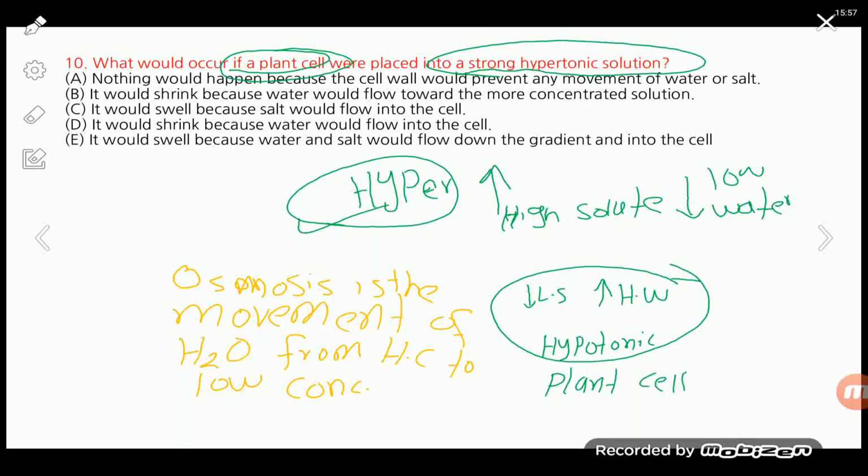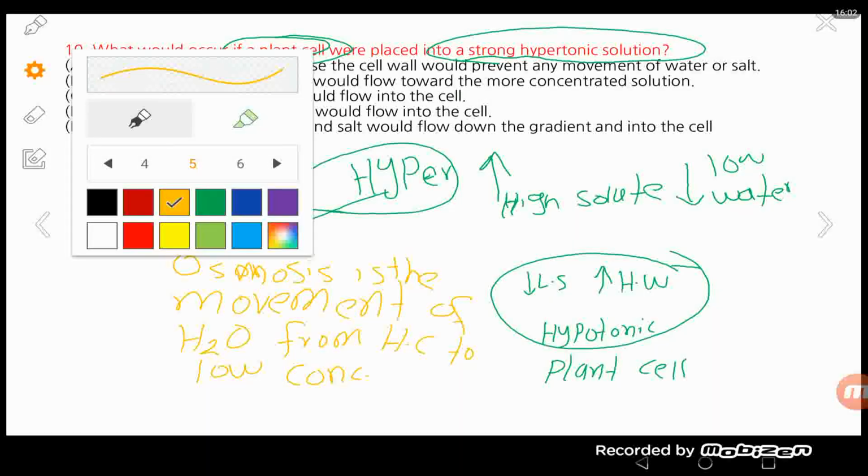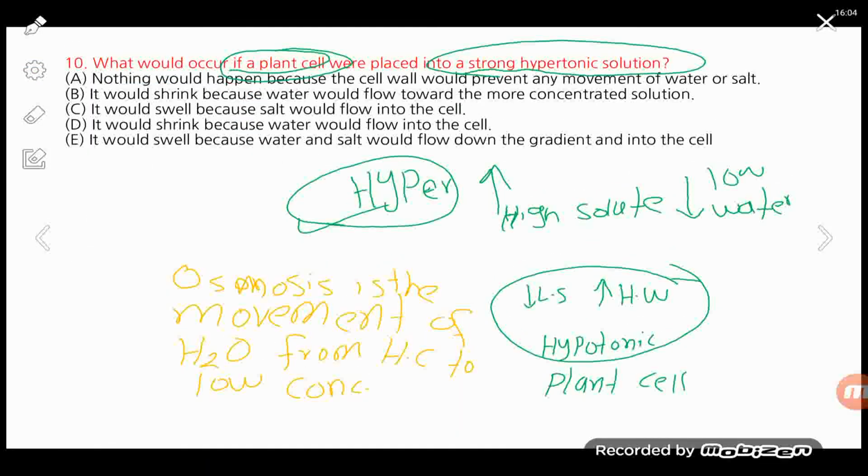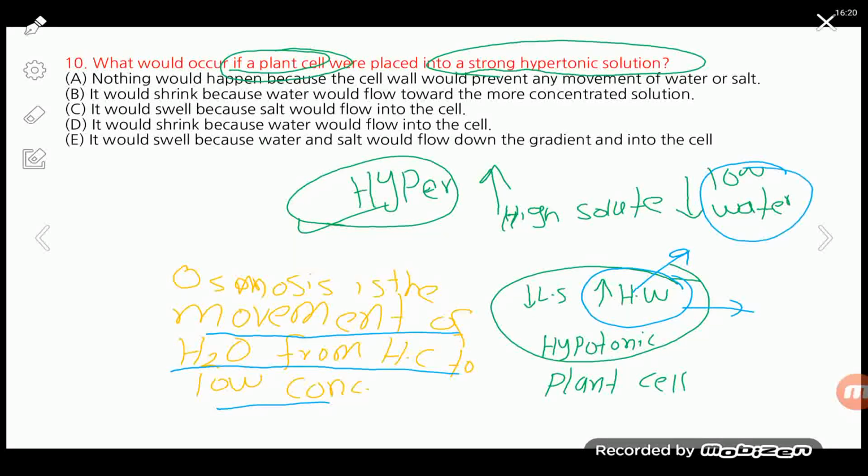Okay, so where water is high, as you see, inside the cell there is high water. And we said that the movement of H2O is from high concentration to low. So water moves from high to low, in which the outside is low.